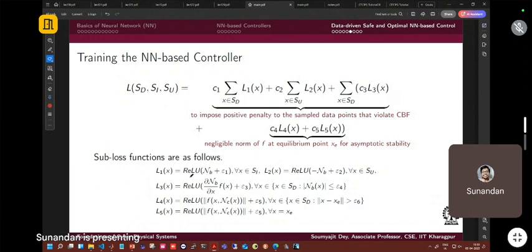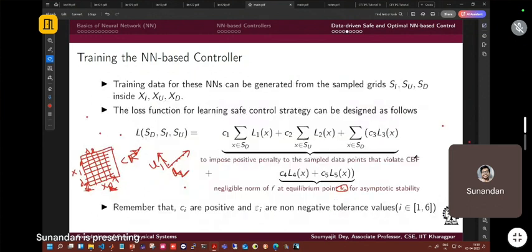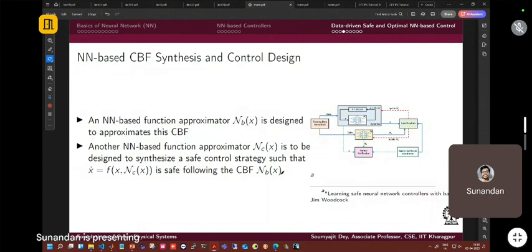We are using the ReLU activation function here. And what is NB? The neural network-based function approximator that we are naming NB is trying to approximate the CBF for safety. This is for safety.